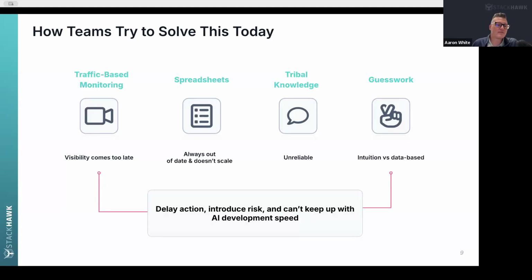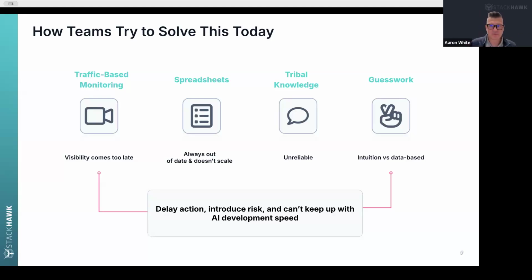And as teams are focusing on shipping the highest priority things for their business, documenting the API and communicating those changes isn't always the most important task to get done. And it can also be time consuming. So then you're left with guesswork and intuition versus a data-driven understanding of what is actually out there.